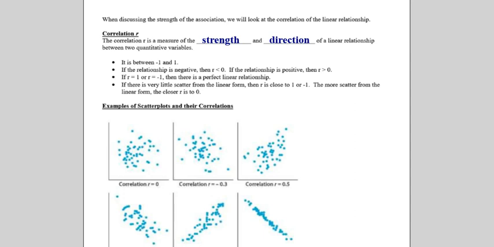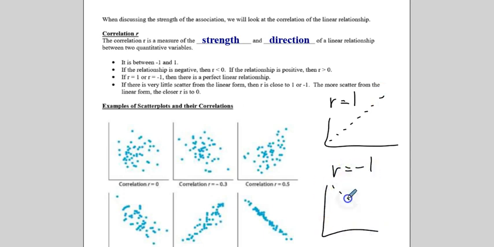Common sense. Number lines pass. If R is exactly 1, then it's going to be in a line like so. So you have a positive line. It's going to form an exact line. If R is -1, it's the same thing, except it's going down this direction. So this is exactly 1, and that's exactly -1.